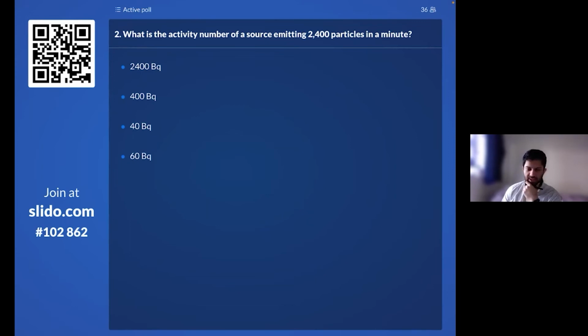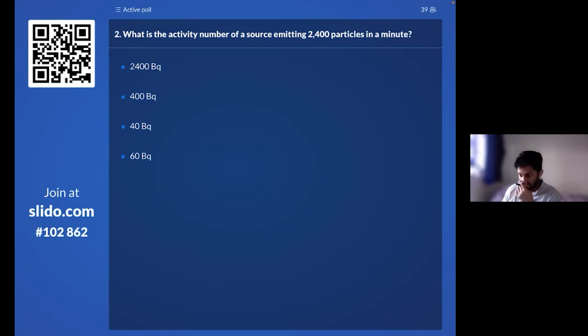Okay, so let's think back to exactly what the Becquerel represents. A Becquerel refers to the number of unstable atomic nuclei that decay per second in a given sample.